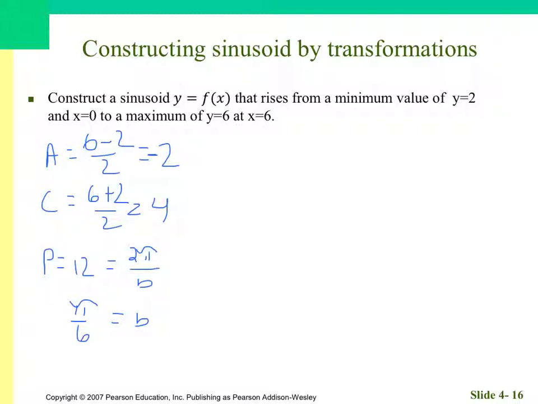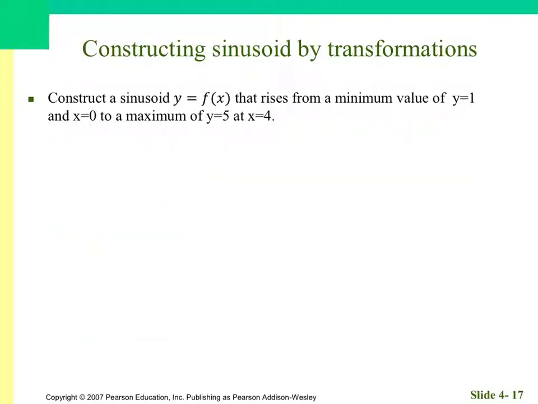And there was no horizontal shift because it was starting at x equals 0. So you have y equals negative 2 cosine pi over 6 times x plus 4. Okay? This cosine looks ugly. There we go.